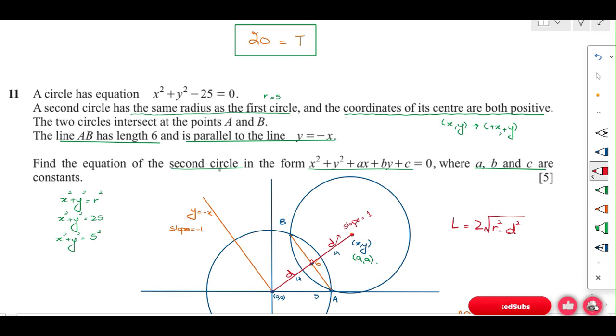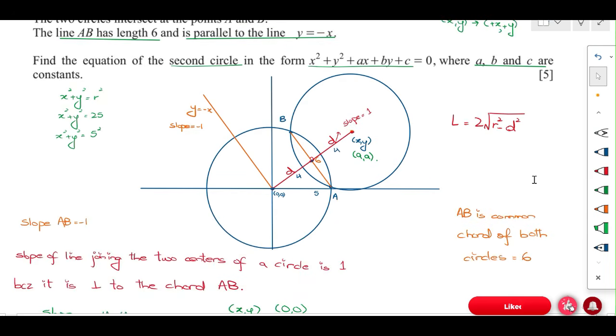For the equation of a circle we need the radius and the center. We have the radius for that circle, but we don't have the center. Now we get the center of the circle, right? So it is better to draw the diagram to understand what is happening. First draw the coordinate axes, then draw a circle with the center at the origin and the radius 5.